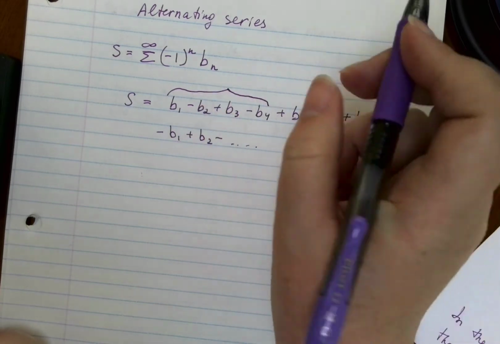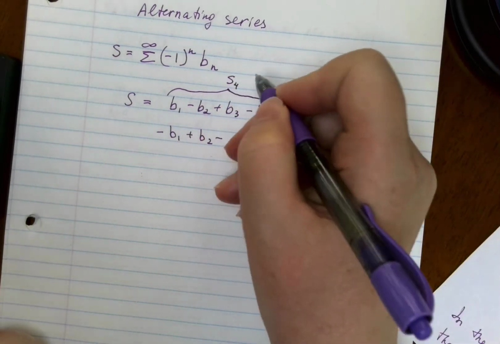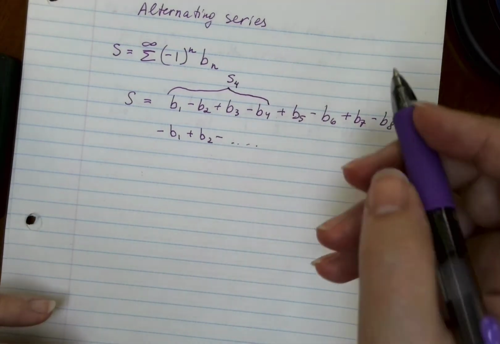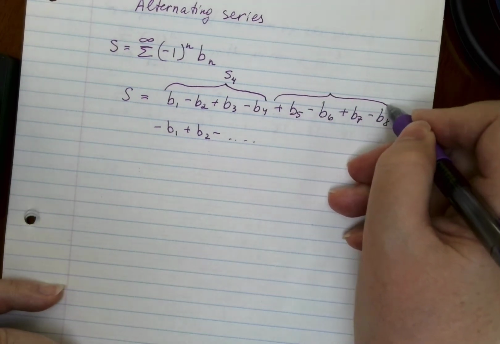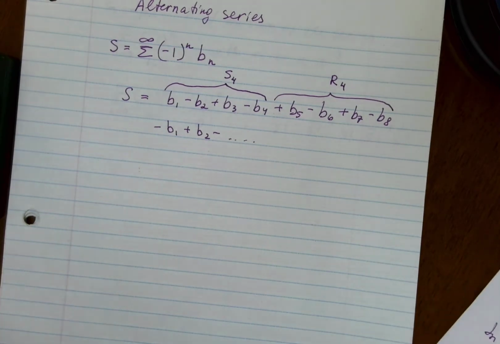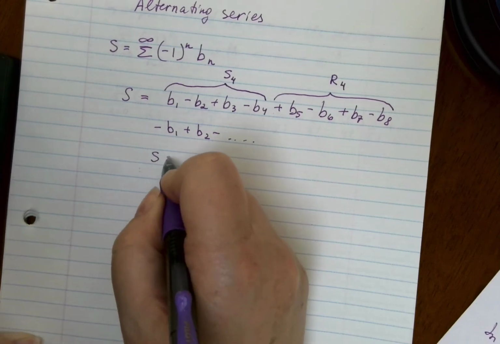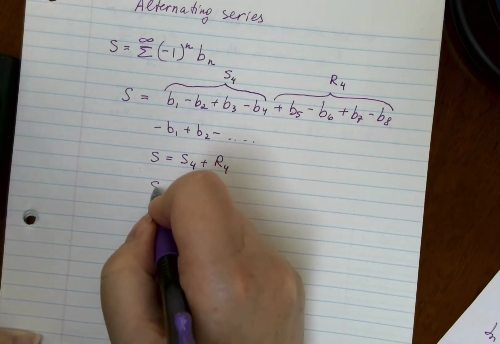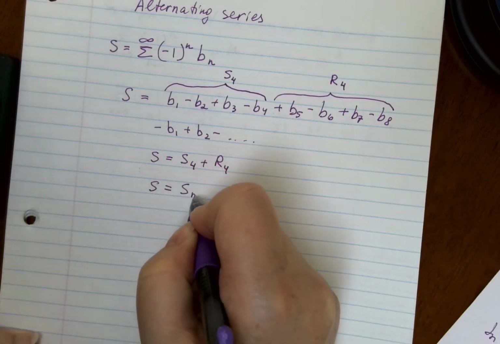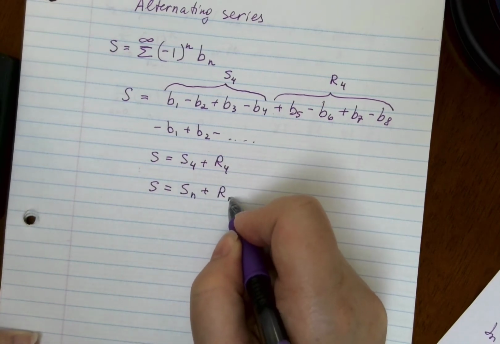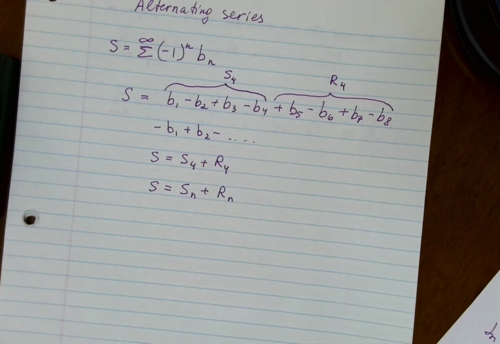Let's say we take the first 4 terms, and that will be S4, the partial sum, right? And we can also take the remainder and say that this is going to be R4, and we will use R for remainder. So therefore, we can say that S is equal to S4 plus R4. Or we can say that S is equal to the nth partial sum plus the remainder after the nth partial sum.